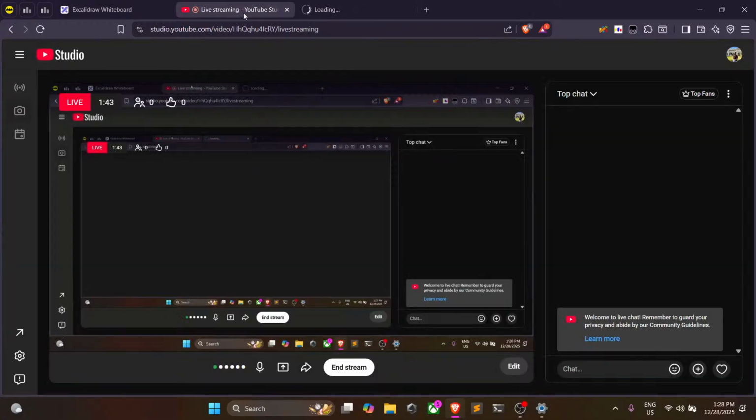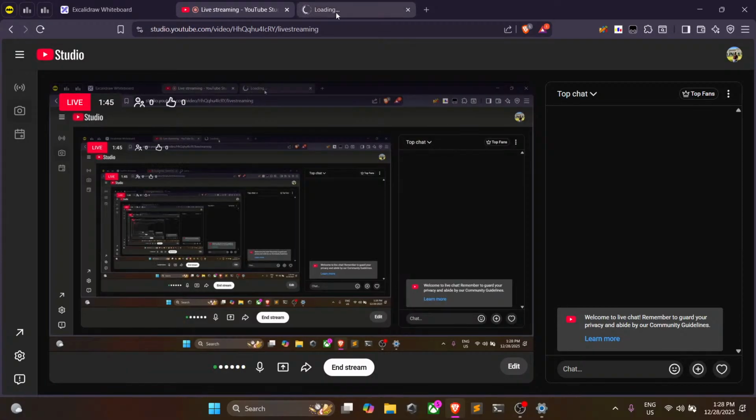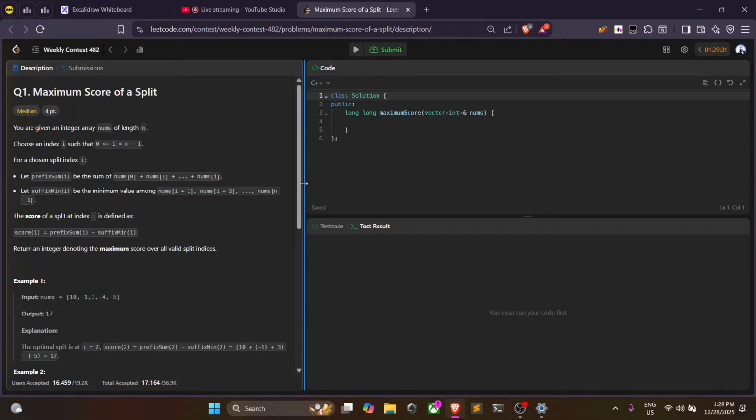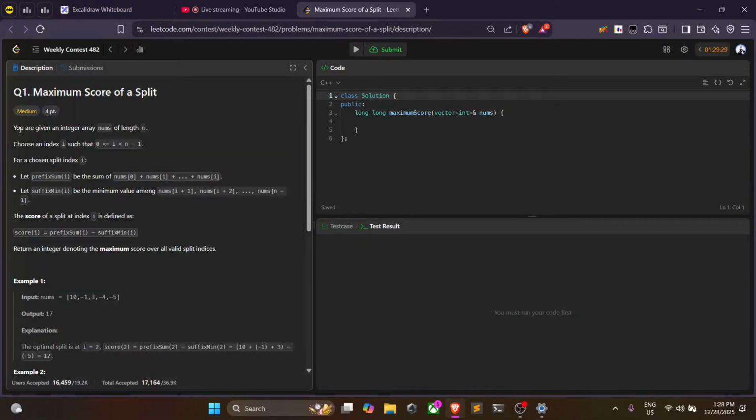So, you are given an integer array nums of length n. Choose an index i such that it starts from zero, but doesn't include the last element.